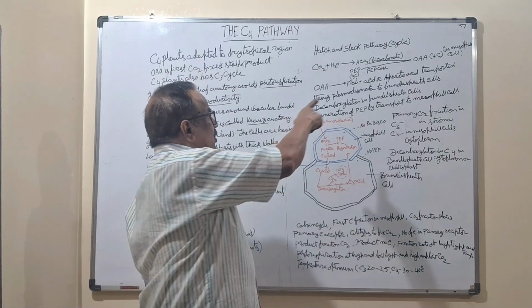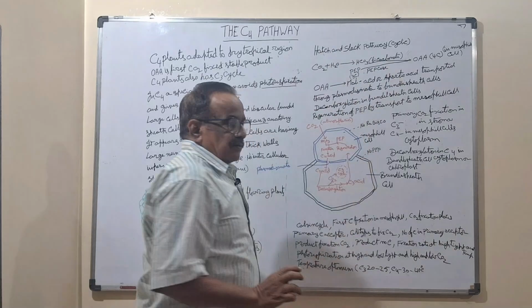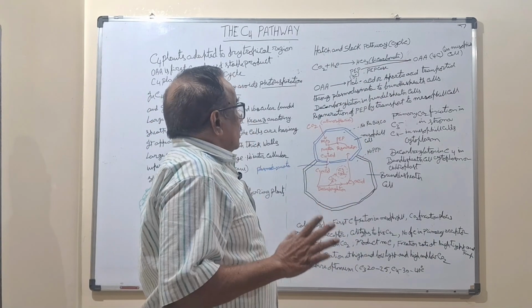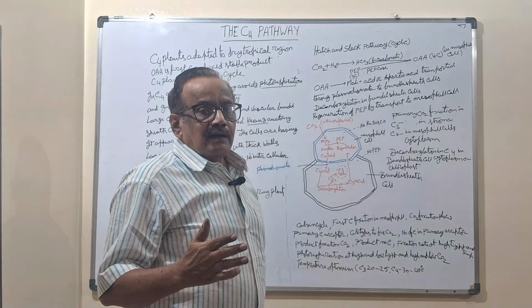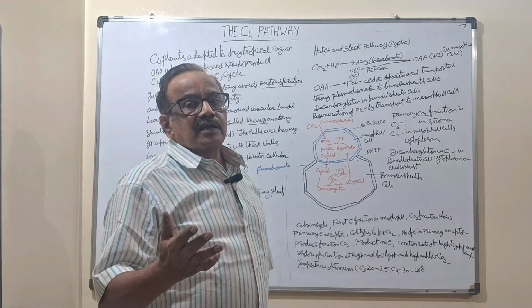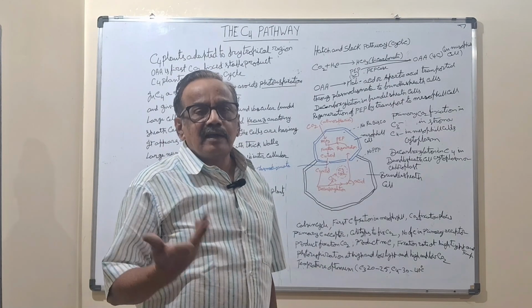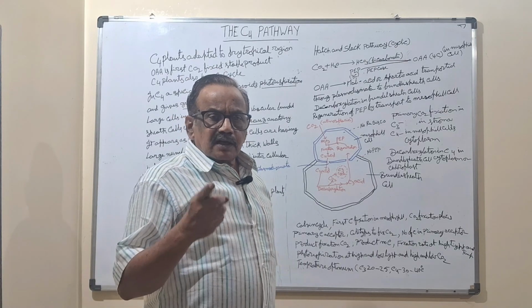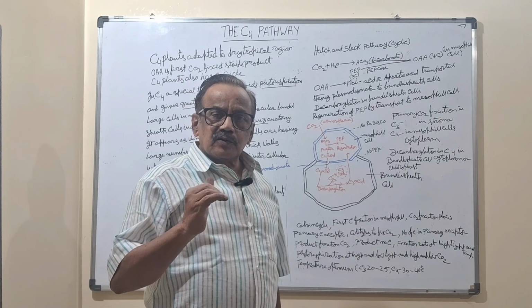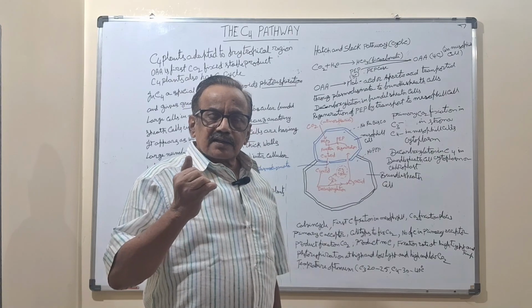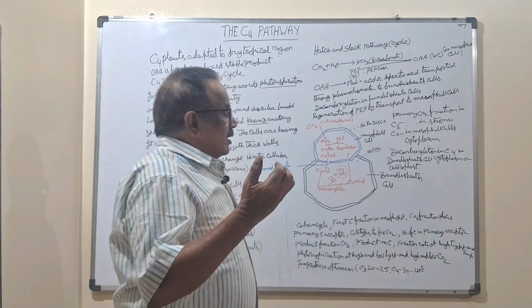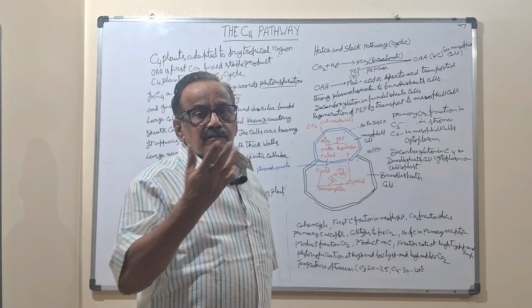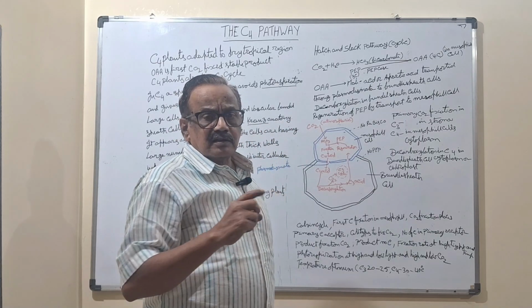Now, oxaloacetic acid, a 4 carbon compound, will be converted into malic acid or aspartic acid as given in the textbook. Why? What is the reason? Now he is discussing how the carbon dioxide is taken in the C4 plants in the mesophyll cells.